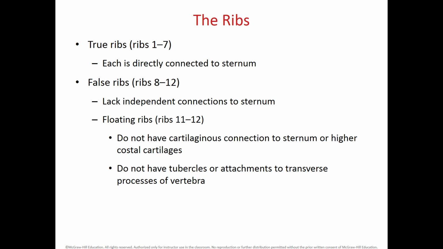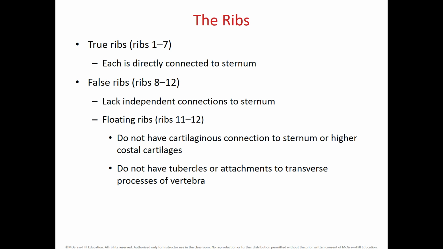So this is the classification of the ribs. Ribs pair 1 through 7 are known as the true ribs. They are directly connected to the sternum by their own costal cartilage. False ribs will be pairs 8 through 12 because they don't have their own connection to the sternum, or they don't connect at all.